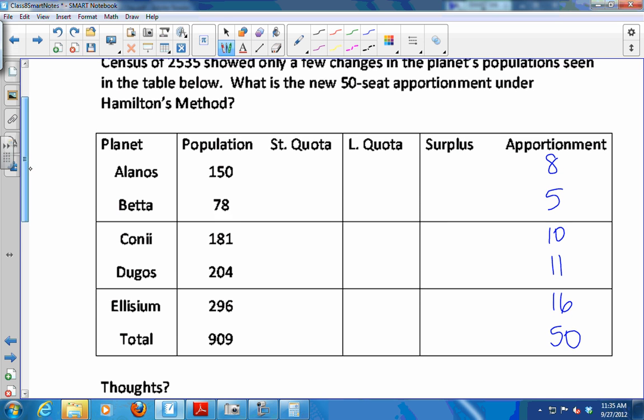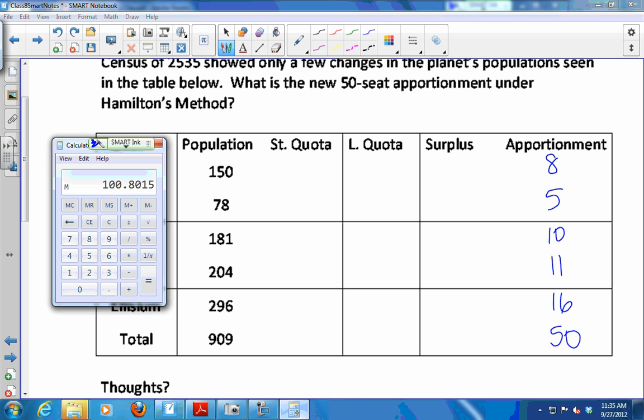After 10 years? So my total population is 909, right? Divided by 50, 18.18. Yeah. Okay, so I'm going to do each population divided by that. So I have, that's wrong, 150 divided by.